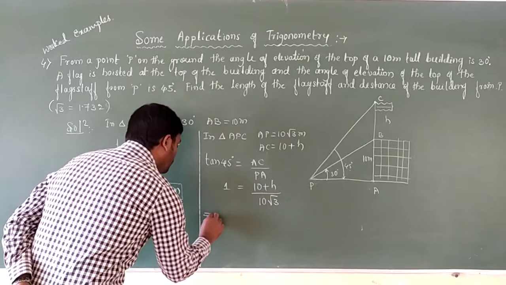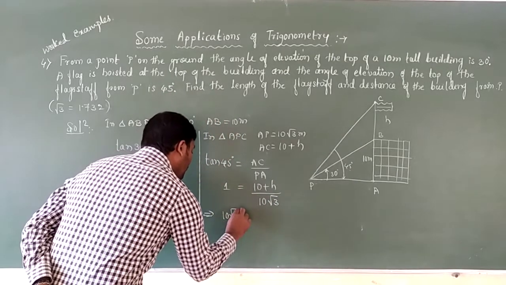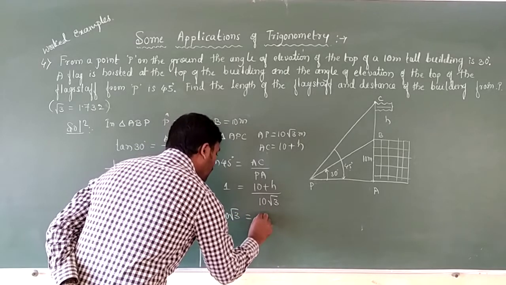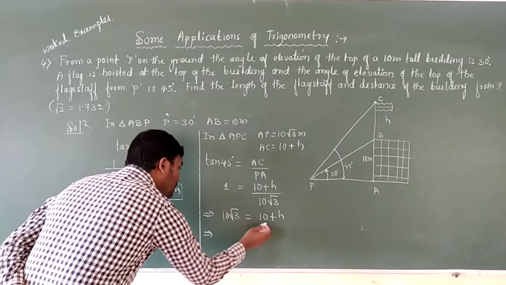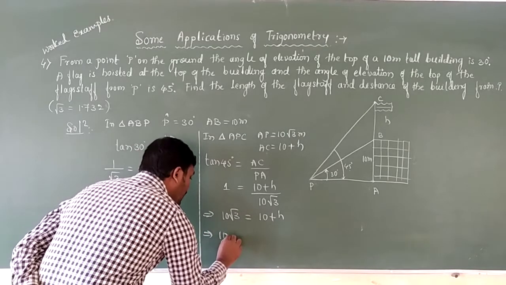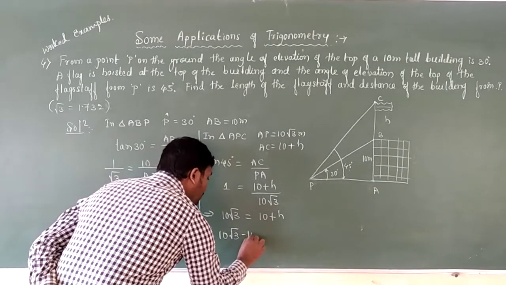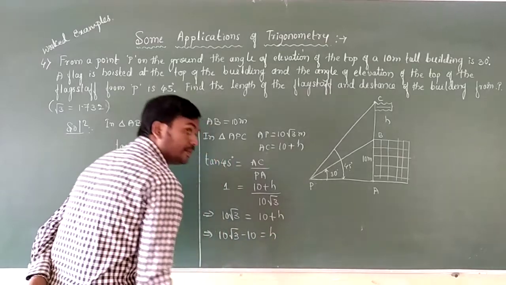Cross multiply this: 10 root 3 is equal to 10 plus H. Take this 10 to this side, it becomes 10 root 3 minus 10 is equal to H.